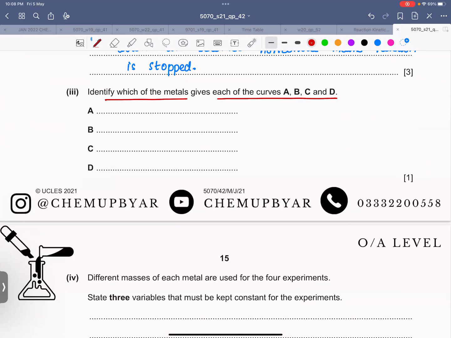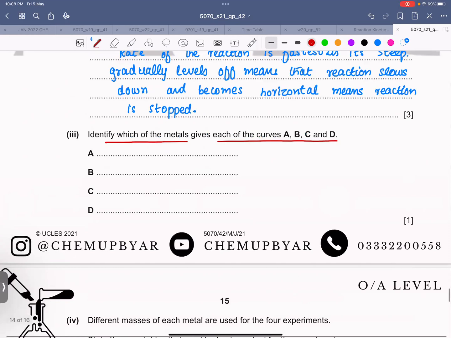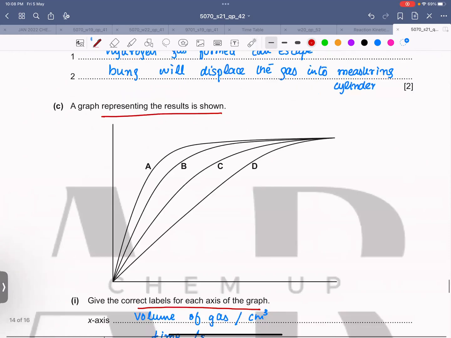Then we have magnesium, then we have zinc, and then we have iron. This is of calcium. B is steeper, and C is less steep, so it would be zinc. And D is very less steep, so it must be iron.